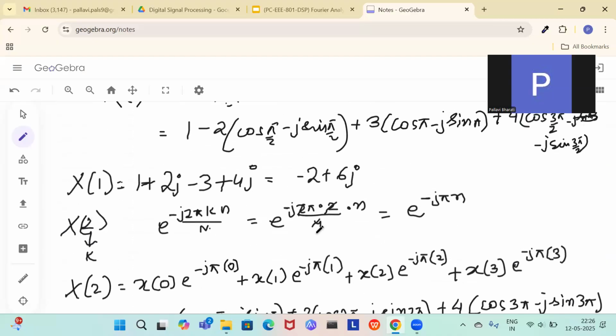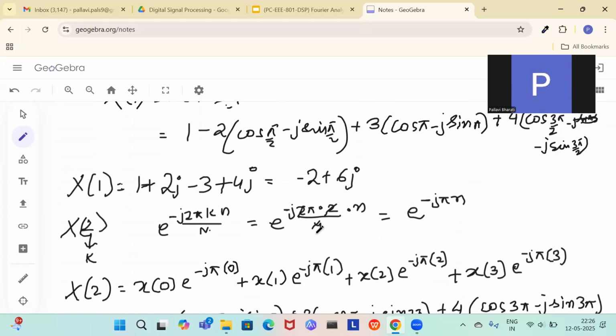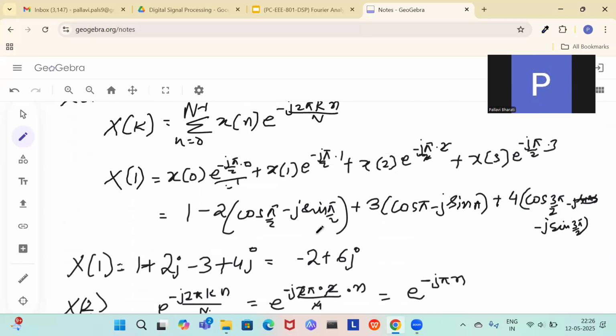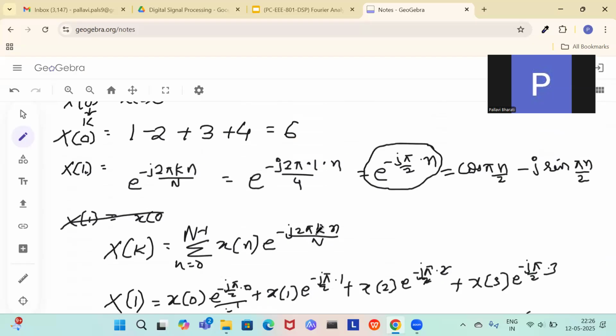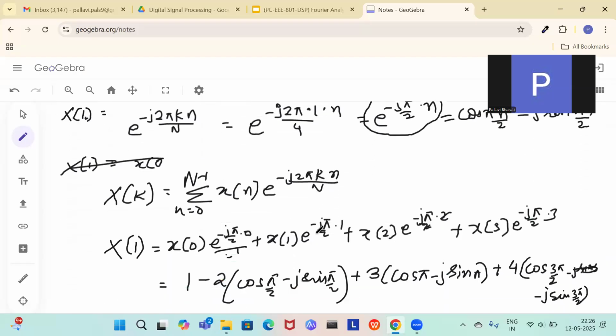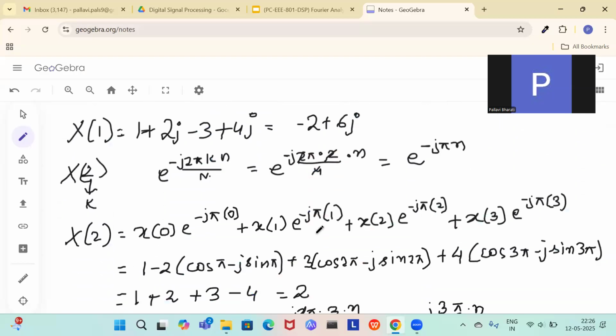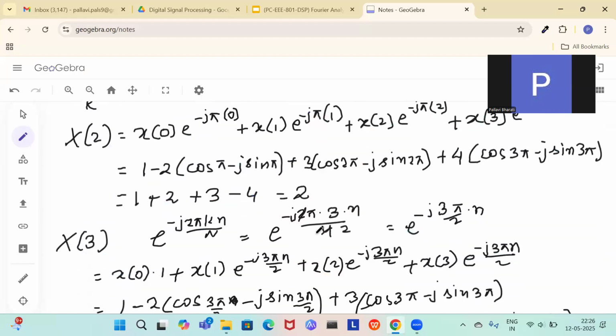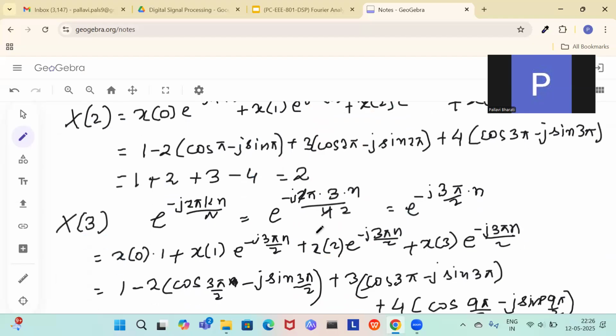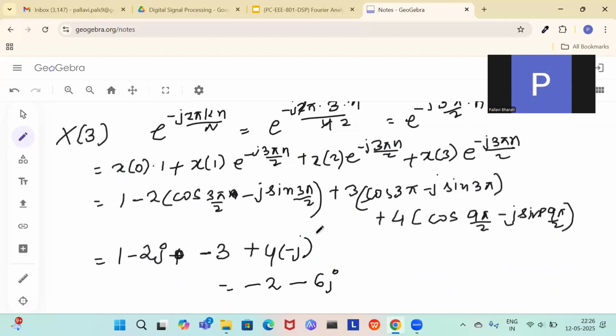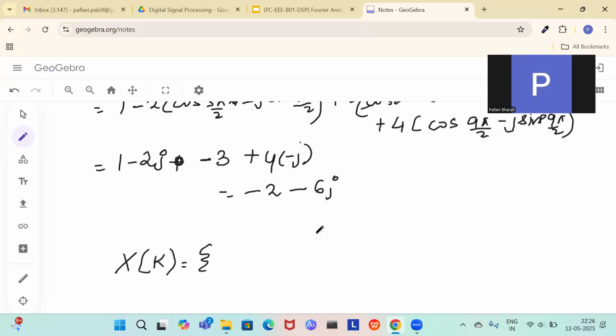The value for x1 is minus 2 plus j6. Keep it in mind. For x0, it is 6. x1 is minus 2 plus 6j. x2 is 2. And x3 is minus 2 minus 6j.